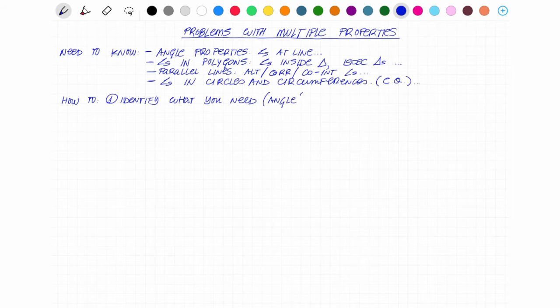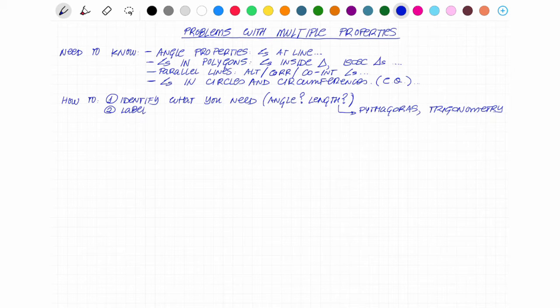And the especially important thing is that you realize if you're searching for an angle or for a length. Because if you're searching for a length, then you're going to need to use Pythagoras or trigonometry. The only two ways, apart from similar triangles, to get lengths.